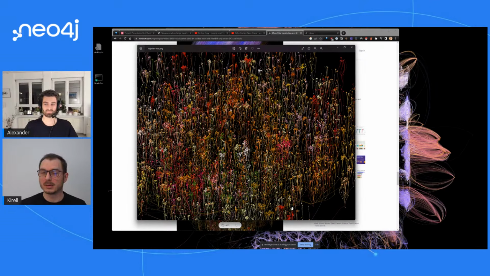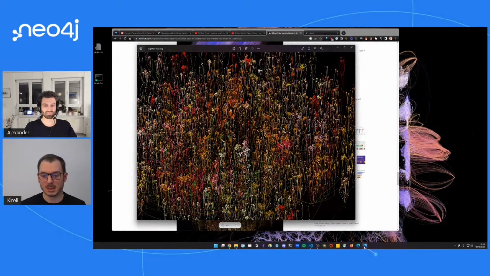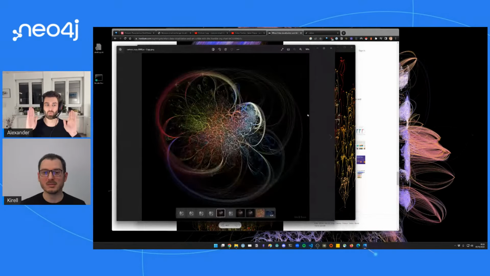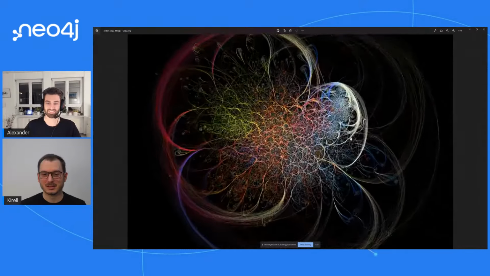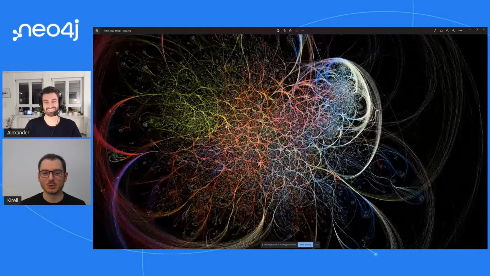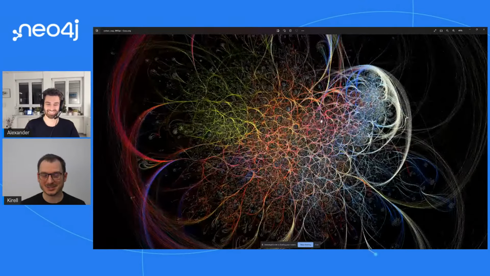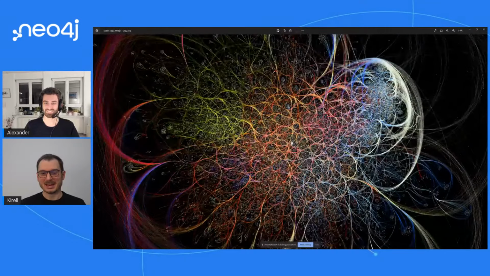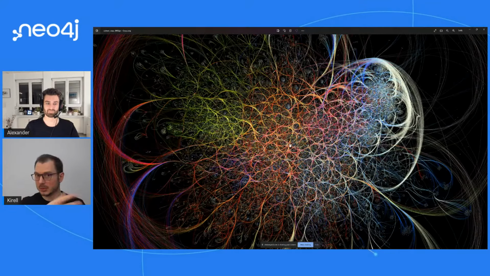For their big annual event, they wanted a visualization of basically all the emails that have been exchanged during one day, which is insane if you think about it. Keep in mind this is one day. It's really like 200,000 links, just massive. And they wanted this visualization and also an interactive one. So I'll show first this one and then the interactive one.